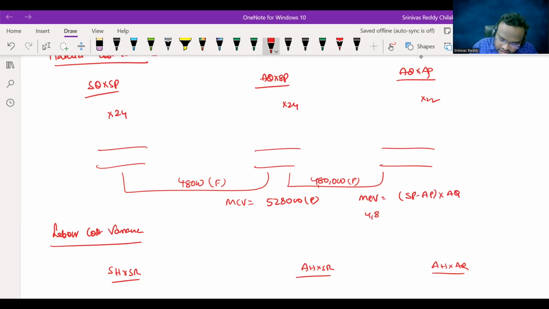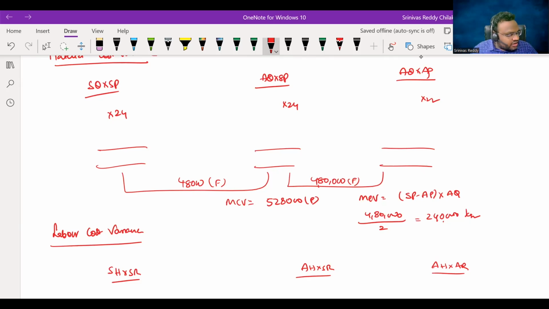So 4,80,000 divided by the difference between these two, 24 minus 22, 2 rupees. So how much you're getting? 2,40,000 kgs. So this is also done.